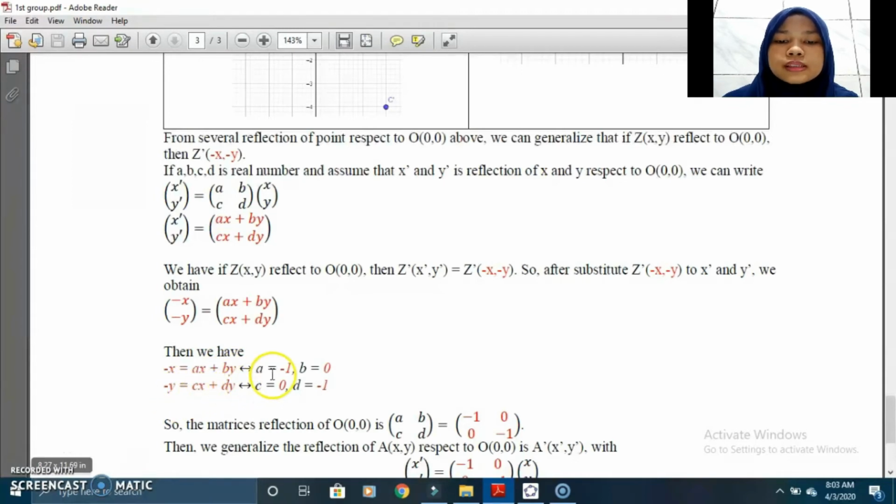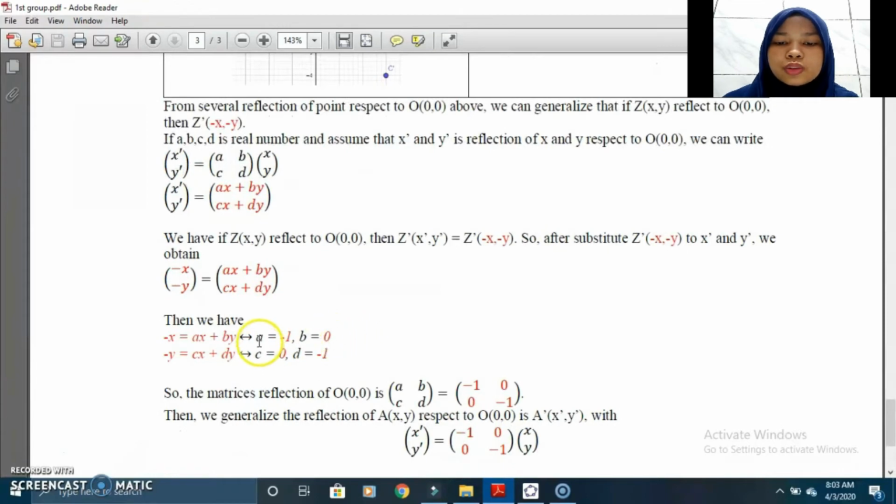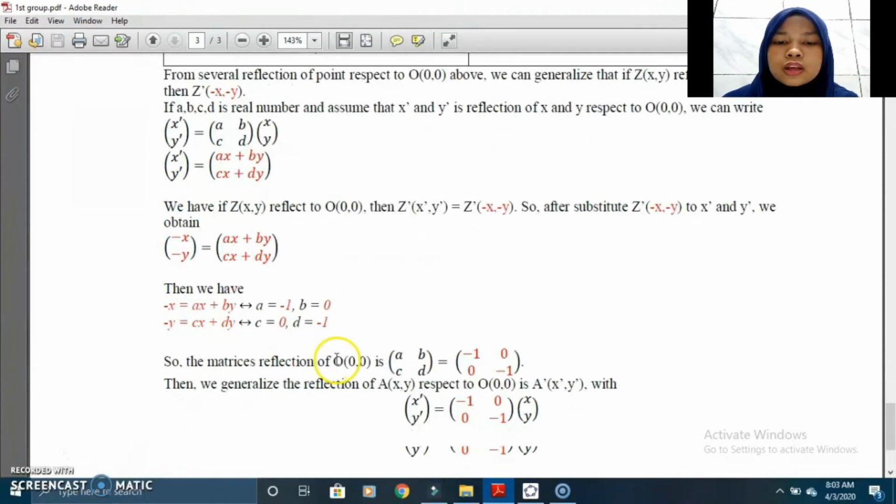From the first form, we have a is minus 1, b is 0, c is 0, and d is minus 1. So the matrix of reflection with respect to O with coordinates 0, 0 is ABCD, which equals minus 1, 0, 0, minus 1.